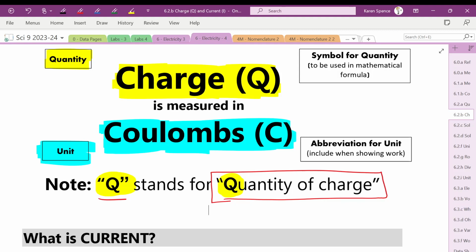Tell your partner. What does current measure when we're talking about, say, a river?